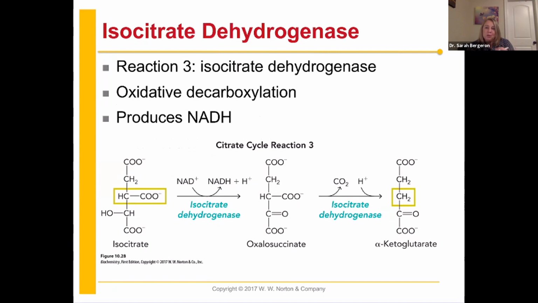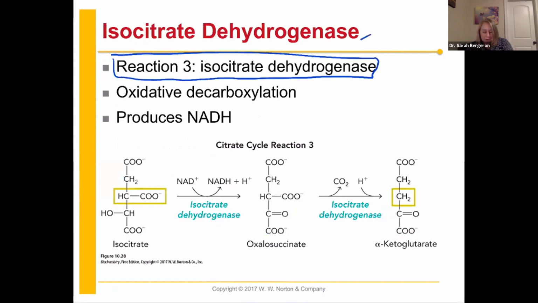Now you're going to go through a dehydrogenase reaction. So this reaction, again, is one of those irreversible steps. This step is very, very important because this is the rate limiting step of the entire cycle, okay?